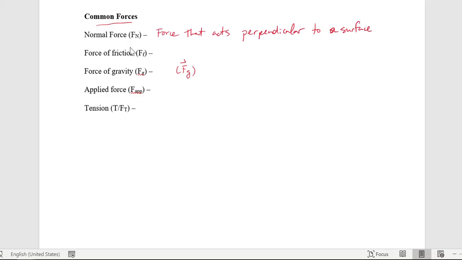Another force is the force of friction, right? So this is the force that opposes motion. There's an applied force, so that's the force that someone would push or pull on an object, okay? Force applied to an object.